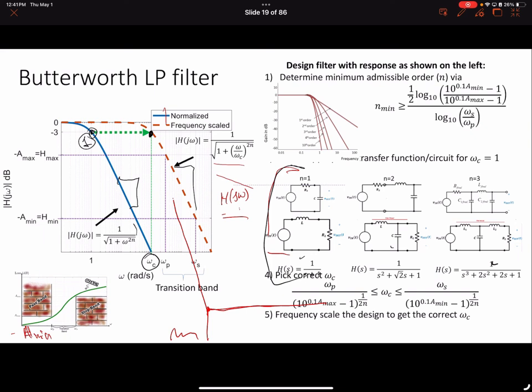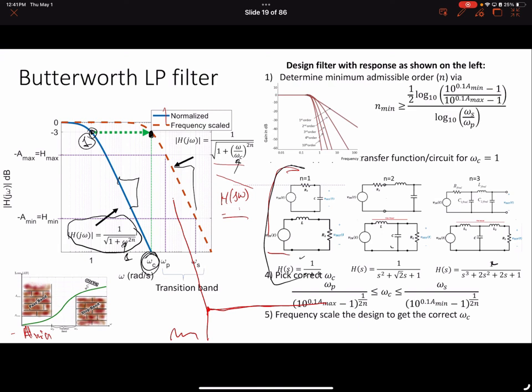Well, originally this is the frequency response. And you notice that when I plug in omega equals 1, I get 1 over the square root of 2, because 1 over the square root of 1 plus 1 is just 1 over the square root of 2. Well, if I want my new cutoff frequency to sit at omega c, I can just take that omega and divide it by omega c.